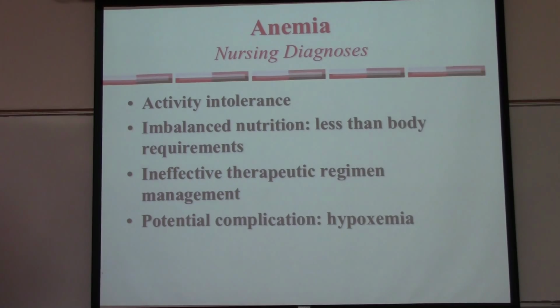So nursing diagnoses, and they're going to depend on what the issue is. Activity intolerance is probably fair for most everybody with anemia. Imbalanced nutrition, well, that's not appropriate if it's blood loss. Ineffective therapeutic regimen management, if the patient needs help understanding what they need to do. And your potential complication would be hypoxemia.